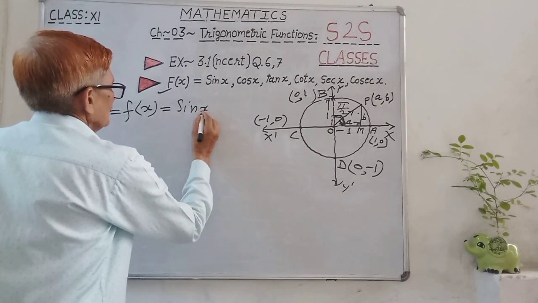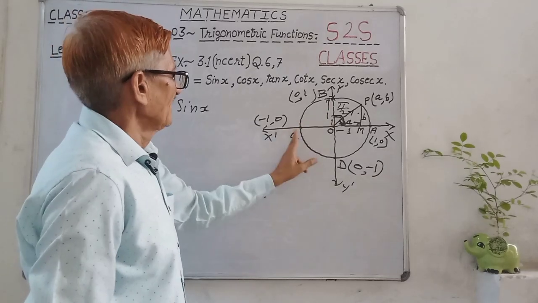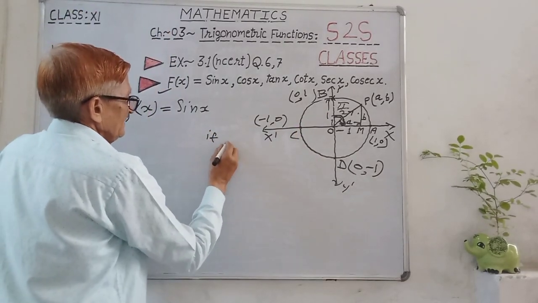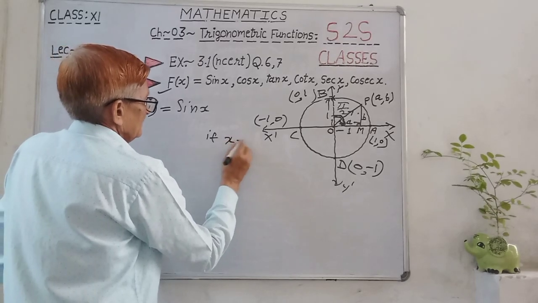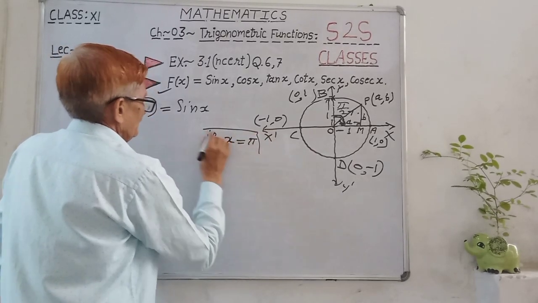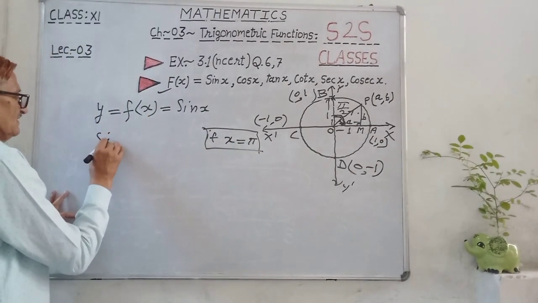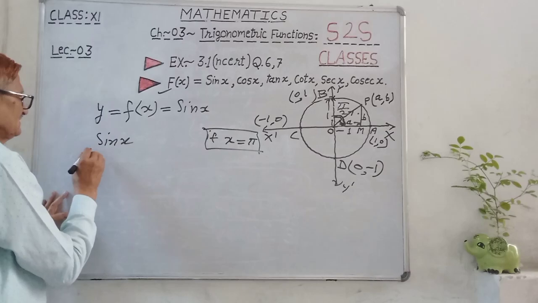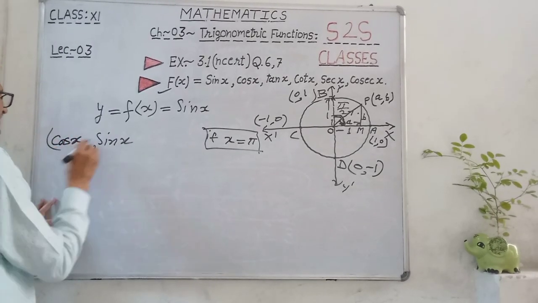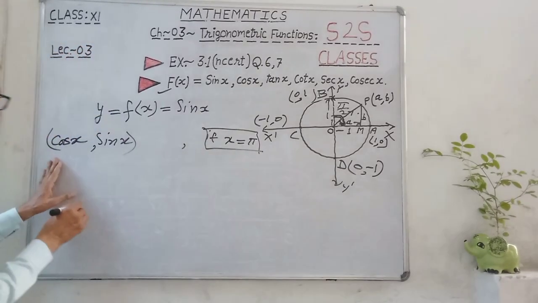So now the question arises that after 90, if angle is pi, if x is equal to pi, then cos x comma sin x, if we are going to calculate, so what will come?